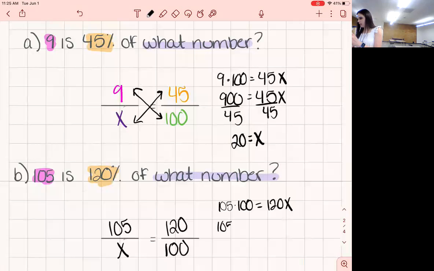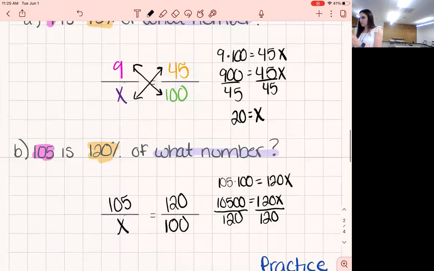So 10,500 equals 120x. To solve for x, divide by 120, divide by 120. Again, feel free to use that calculator, and we're going to get not as neat of a number this time. We're going to get x equals 87.5.